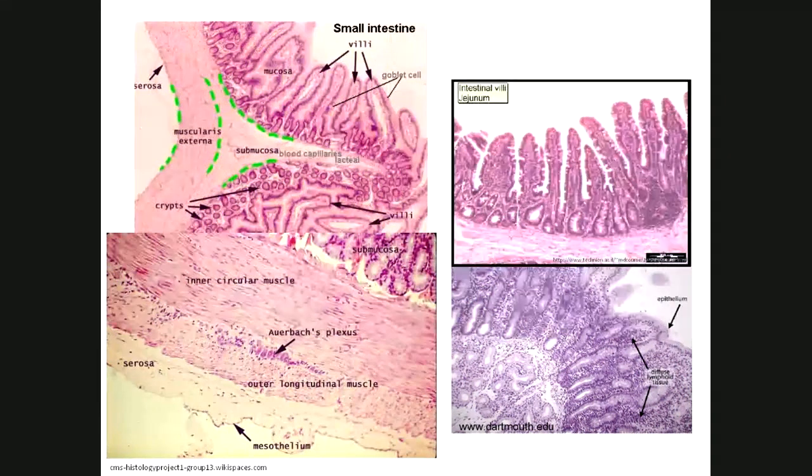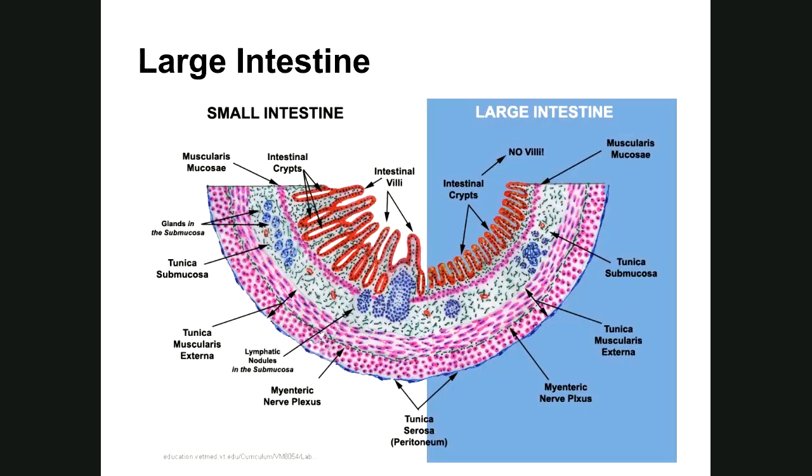Again, serosa, muscularis externa with both inner circular and longitudinal layers, submucosa, right? And we have those projections that we call villi.